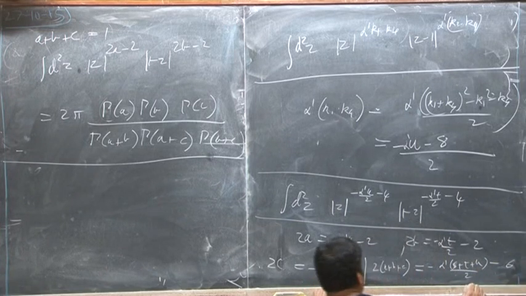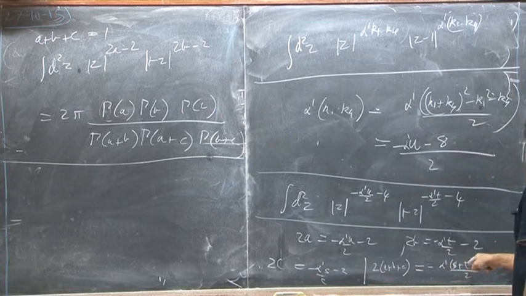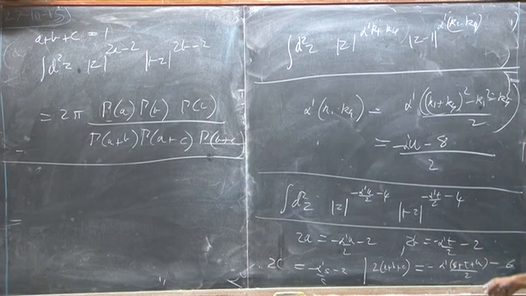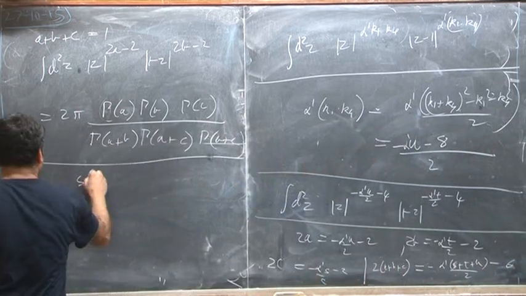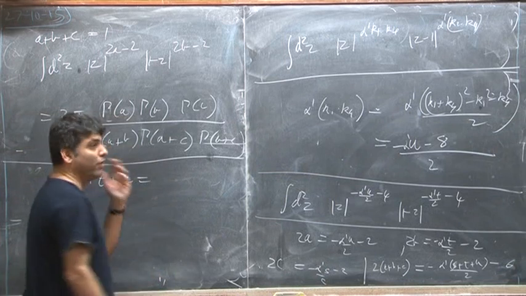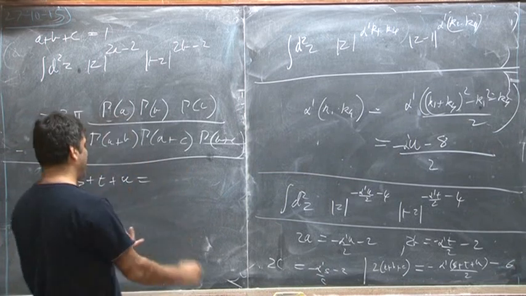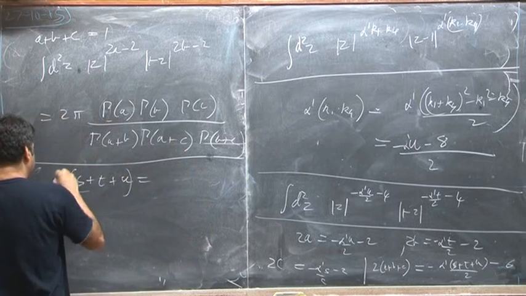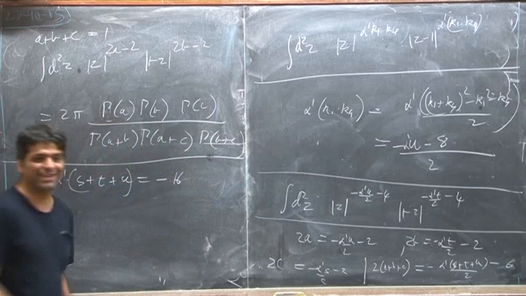Now s plus t plus u is 4m squared, and m squared was minus 4. Therefore alpha prime into s plus t plus u is minus 16, so minus alpha prime into s plus t plus u is plus 16.